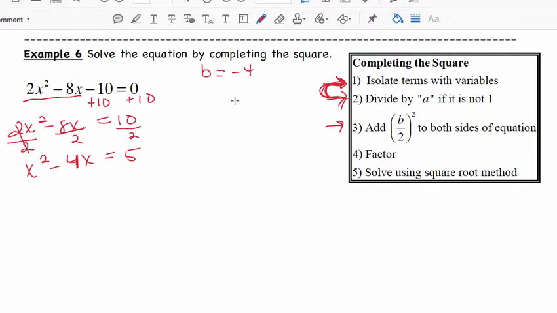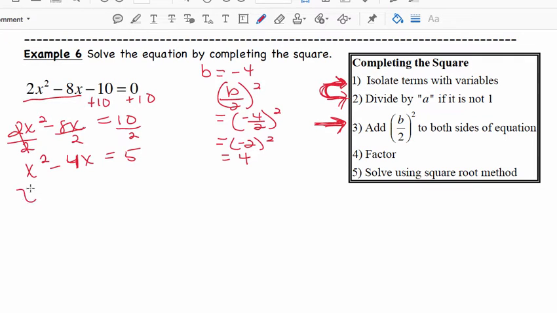It's the coefficient on the x term. And then I'm going to figure out what b over 2 squared is, and that is equal to negative 4 over 2 squared, which is negative 2 squared, which is 4. And then that's what I'm going to add to both sides.